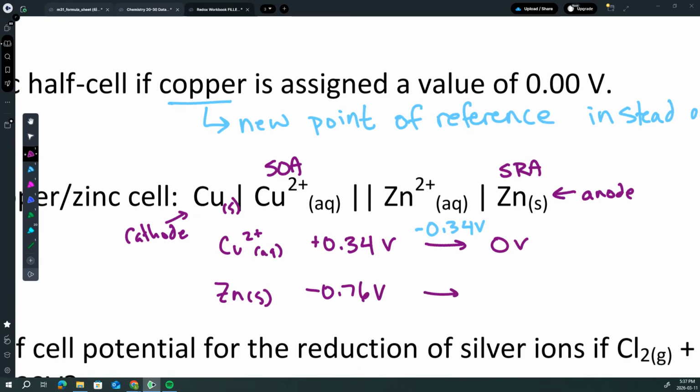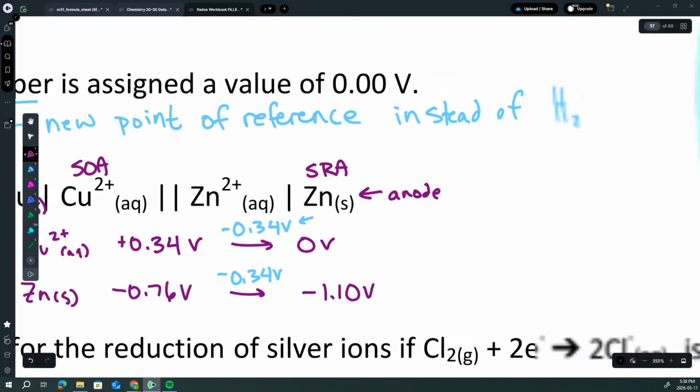But now since we have a new reference cell being the copper reaction, we have to apply the same changes that we applied to the copper cell. So negative 0.76 volts minus 0.34 volts is going to give us negative 1.10 volts.